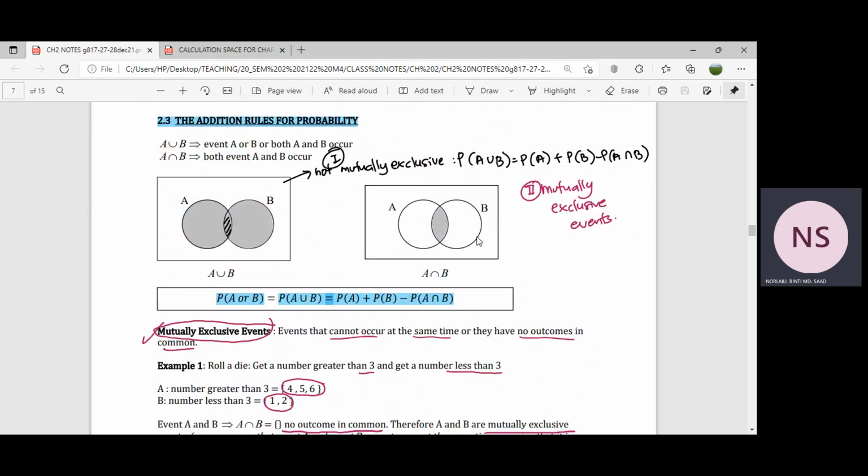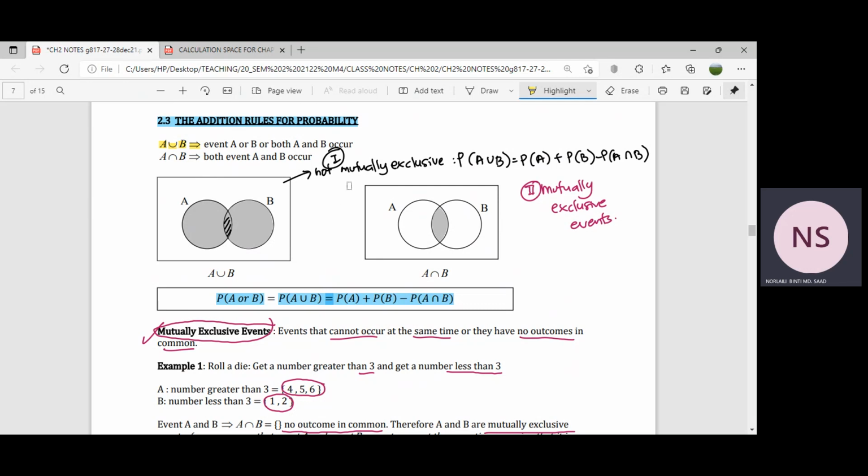When we are dealing with the union of two events, event A union event B, we need to perform the addition rules.